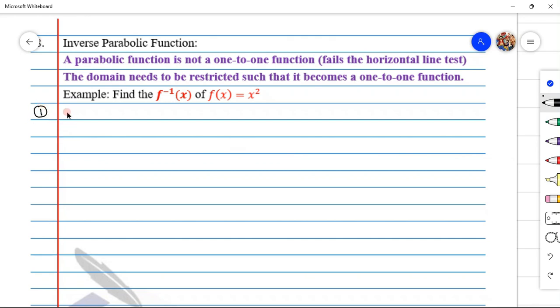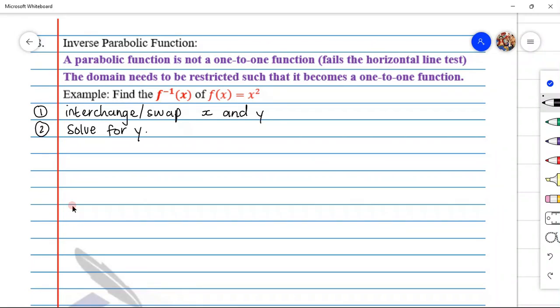Step number one is to interchange or swap the x and y values. Step number two is to just solve for y. So there's only two steps involved: to swap x and y, and then to solve for y.